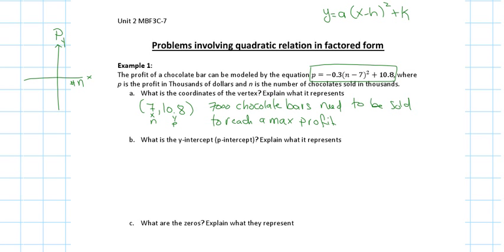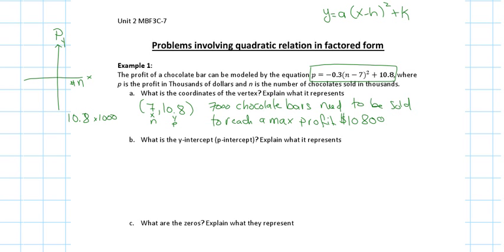How much is my profit? 10.8 is your maximum, times 1,000 because it's also in thousands. So it's going to be $10,800. 10.8 times 1,000. You can do it on the calculator if you want, to get your total.